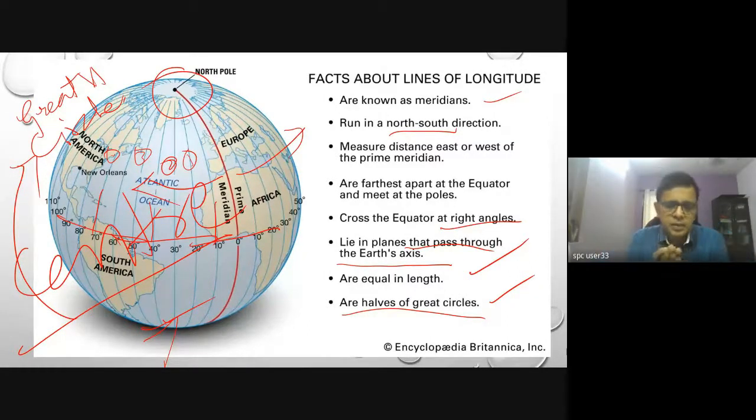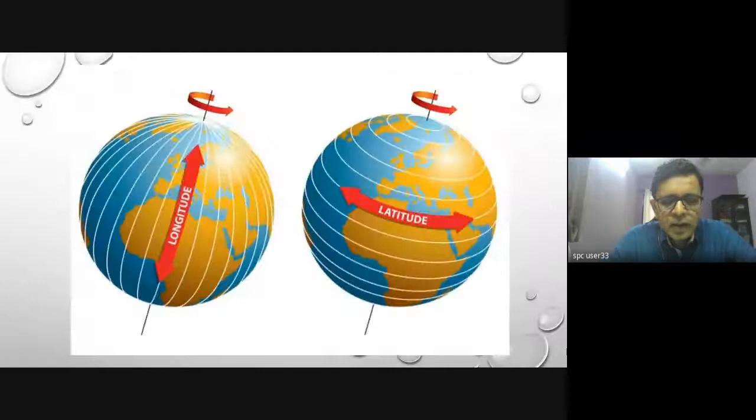That line along which if I cut the earth, now let me be very clear with this particular diagram. I am not able to see the chat box, so those who are posting comments in the chat box, please unmute yourselves and give your answers to me.